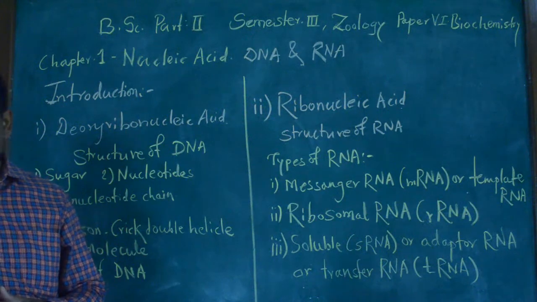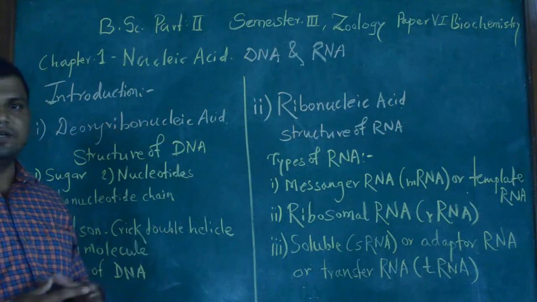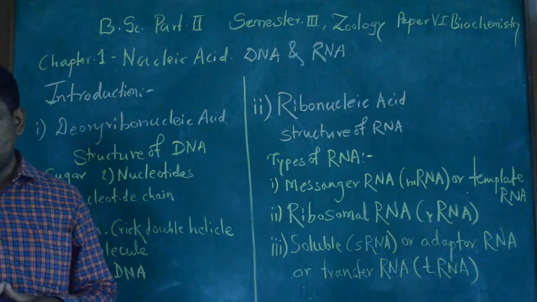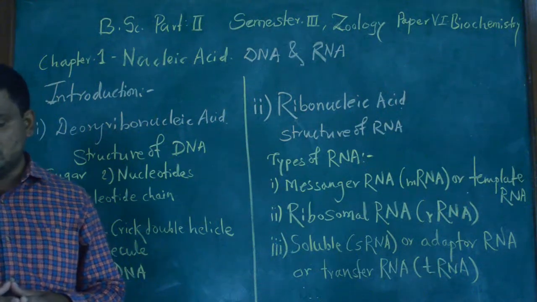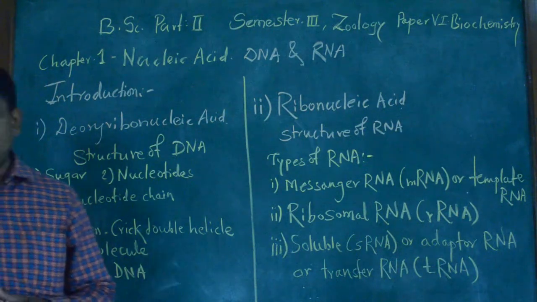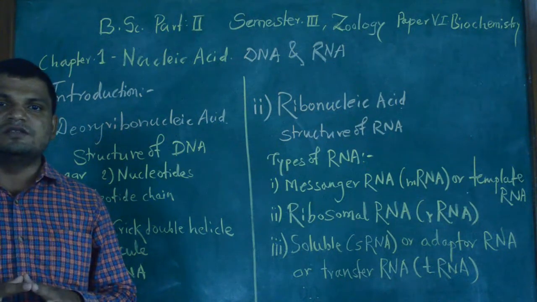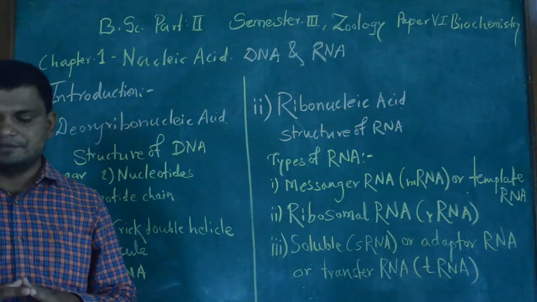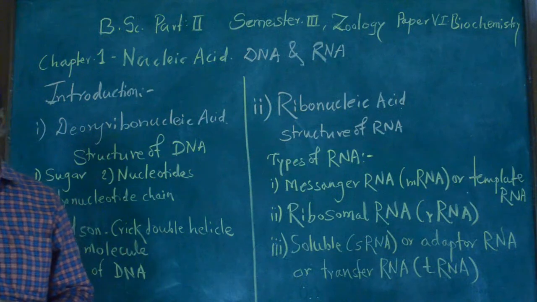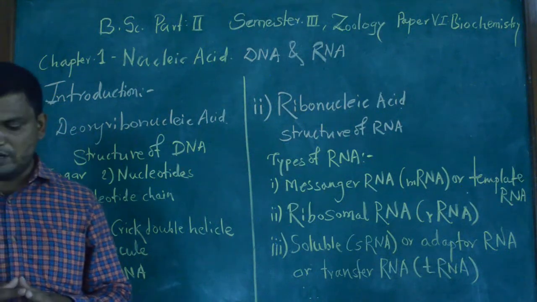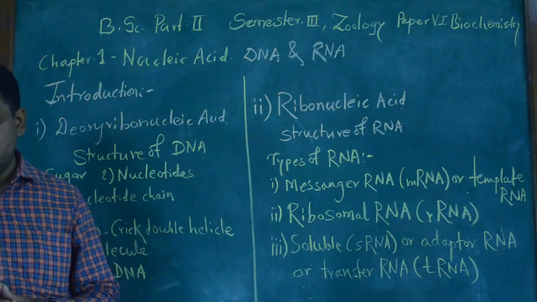DNA is only one type, but RNA has several types, for example messenger RNA, rRNA, and tRNA. DNA is usually the genetic material, but RNA is also the genetic material of some viruses. DNA is usually double stranded, RNA is single stranded. There are fewer uncommon bases in DNA, and more common bases in the case of RNA.